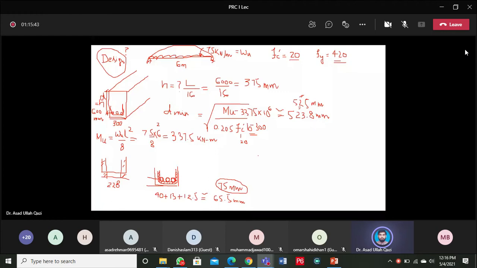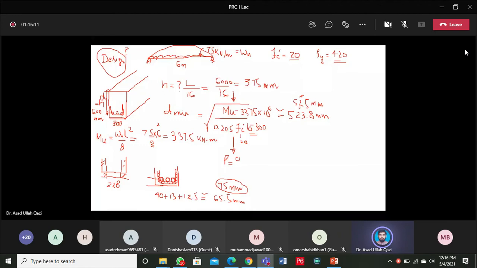For that purpose, I recommend that if you are following this flow chart, following this design problem, you will quickly get your design done.